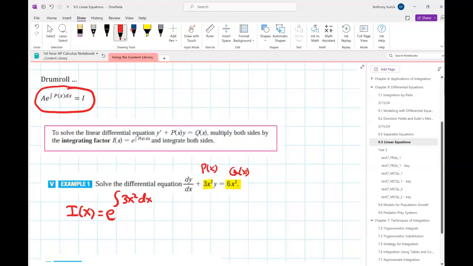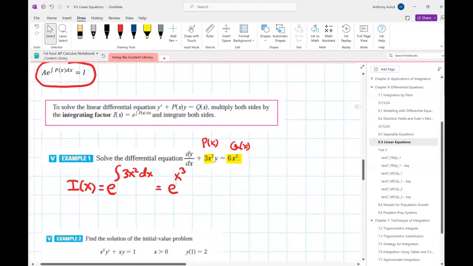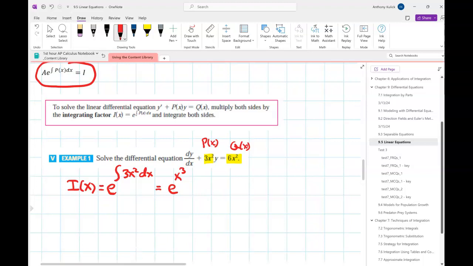What is the integral of 3x squared dx? x cubed, right? So if I multiply both sides now by I of x, I have e to the x cubed dy/dx.